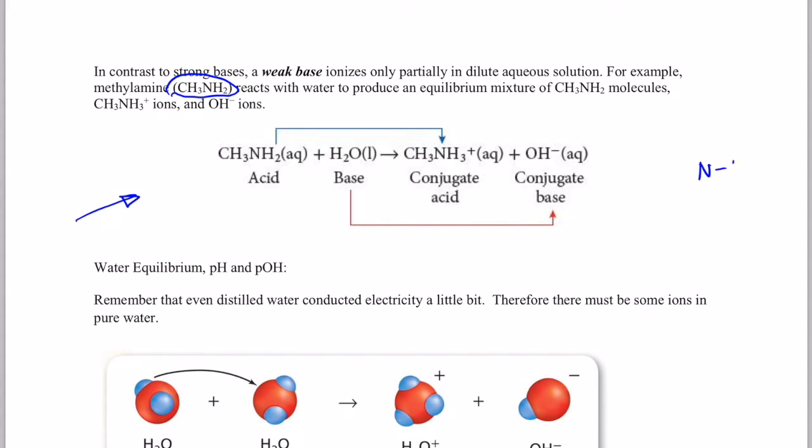We have NH2, and then we have this methyl group, which is CH3, also attached to that nitrogen, and there's a lone pair of electrons on the nitrogen there. Since this can accept a proton, it's considered to be a base. Okay? So, let's take a look at this graphic and let's find out what's wrong with it. In fact, why don't you inspect it for a minute and see if you can find anything wrong with the graphic.